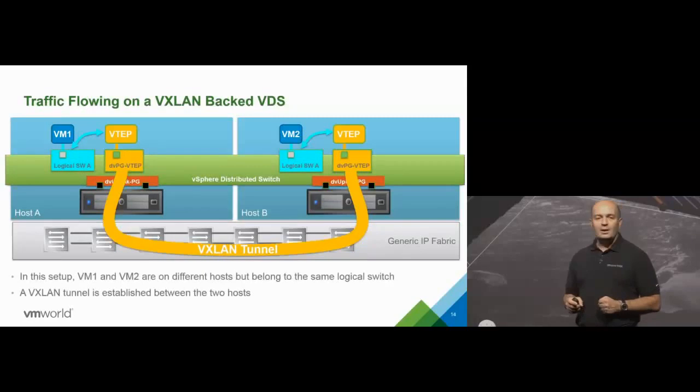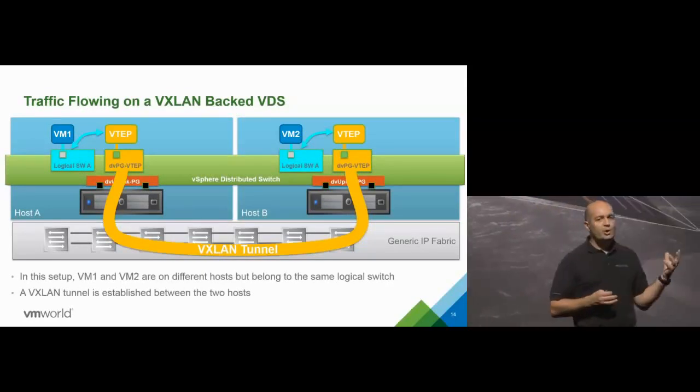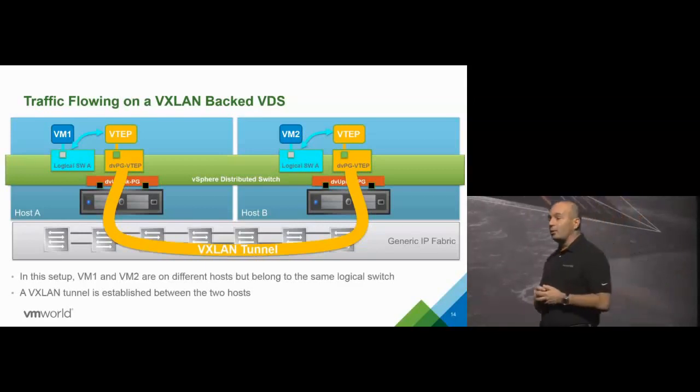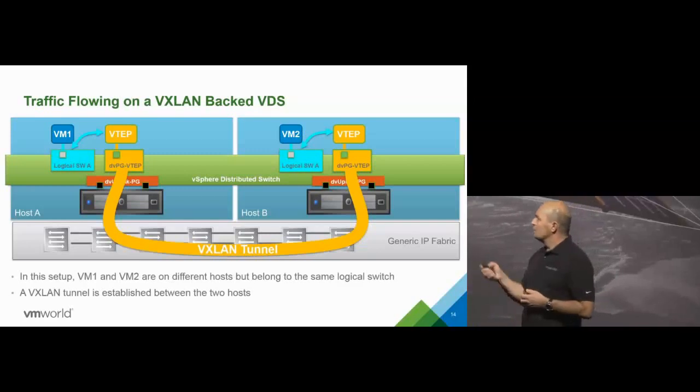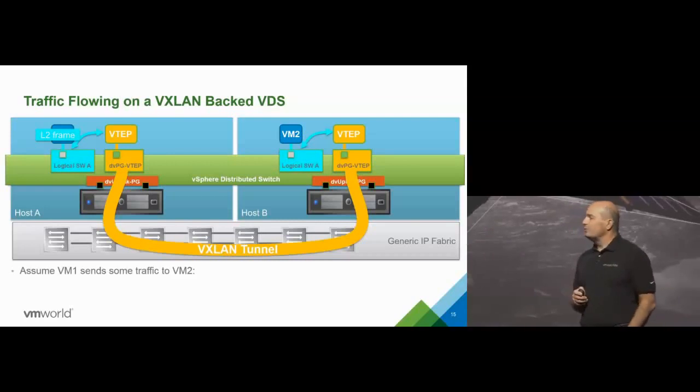So now let's show an example of what happens when two virtual machines on different hosts communicate through VXLAN, through this tunnel. The example is assuming that VM1 sends a frame to VM2.